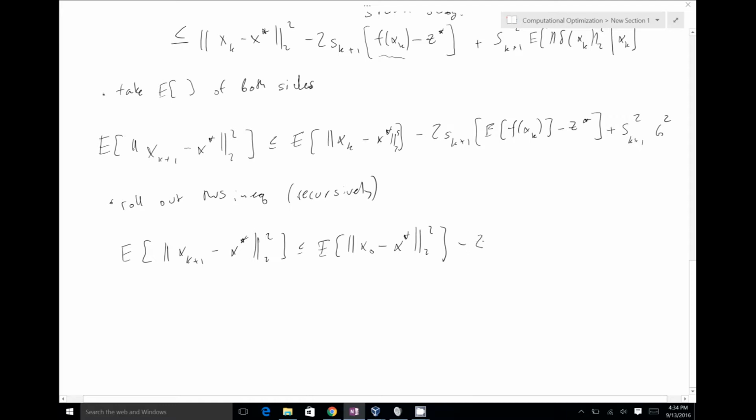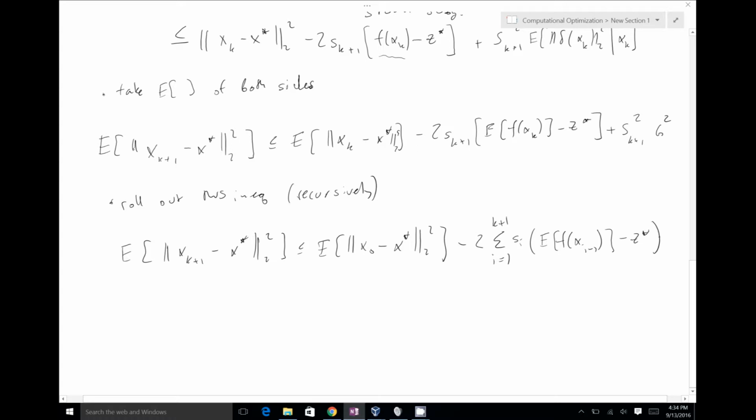So minus 2 times the sum from i equals 1 to k plus 1 of s_i times the expectation of f of x_{i-1} minus z star. So that's me rolling out that second term.